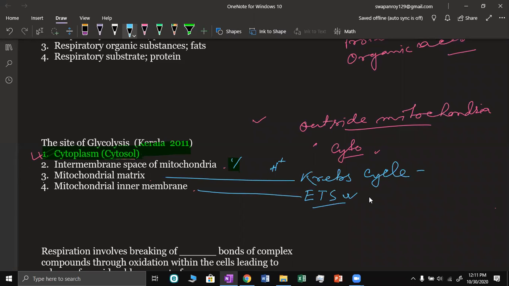The electron carriers, the electron transport chain, are located here.